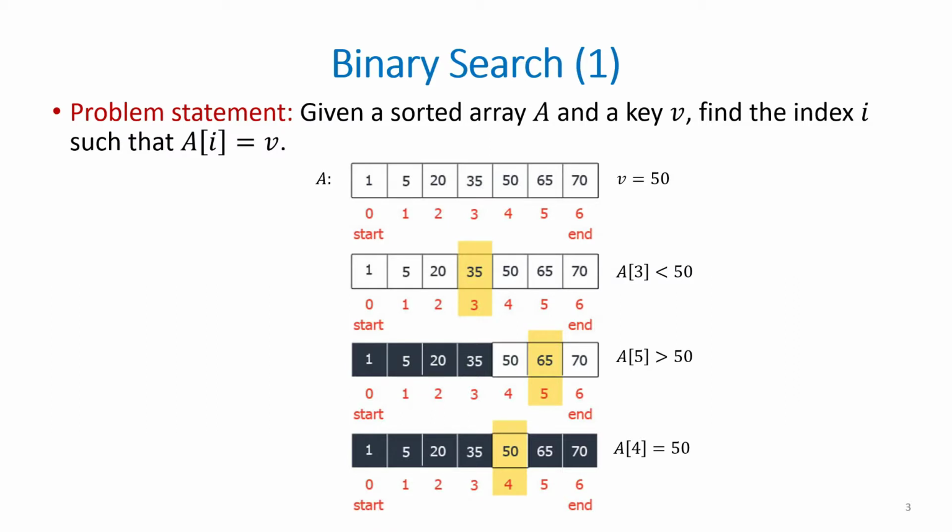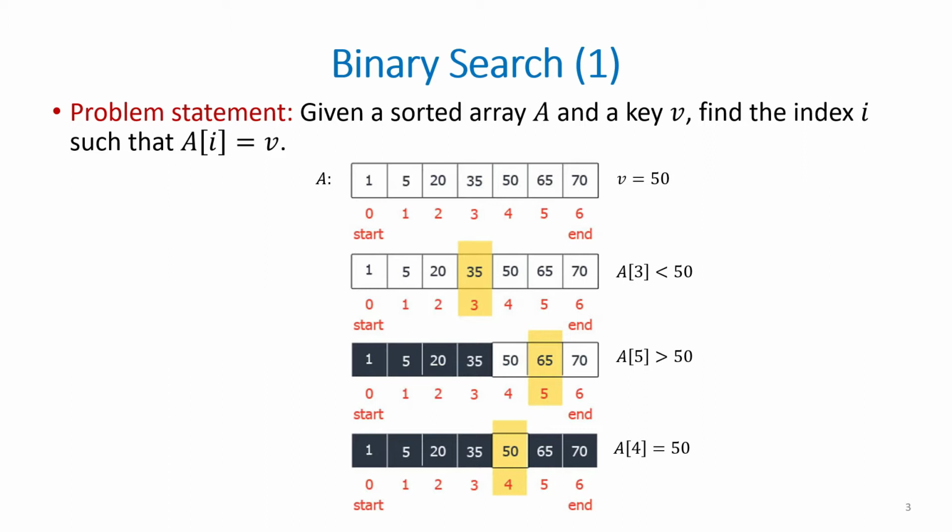The first example we'll be looking at is the binary search algorithm. Unlike the linear search that we saw earlier, where the array A was not necessarily sorted, in the binary search, we want to find the index i of the element in the sorted array A such that A[i] is equal to the key v.